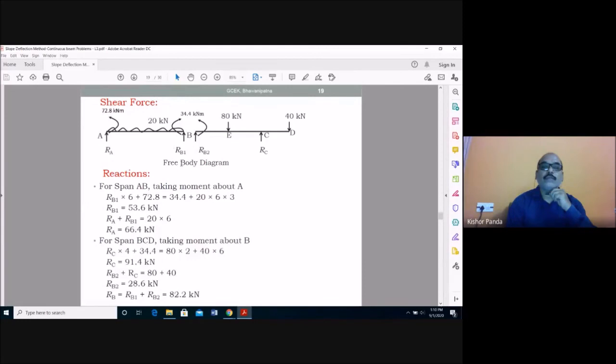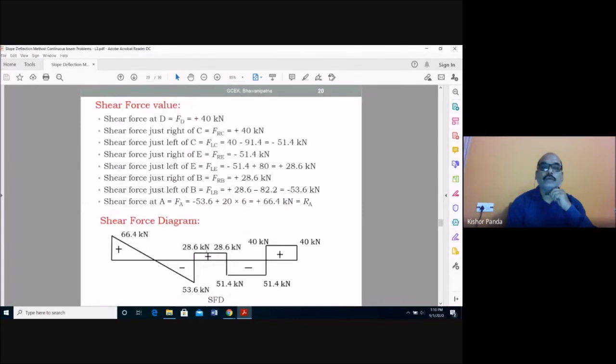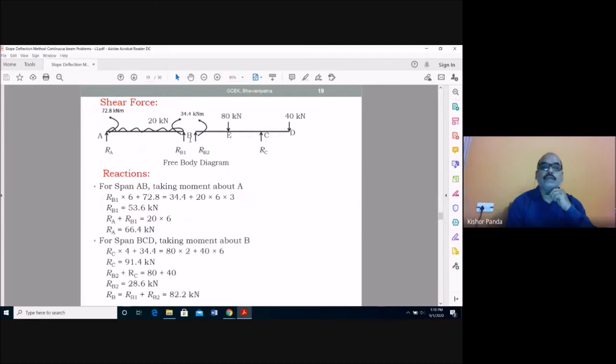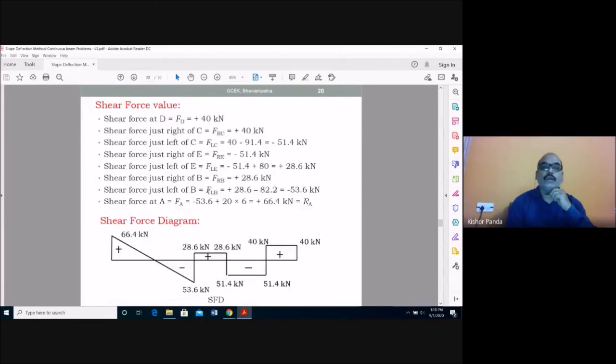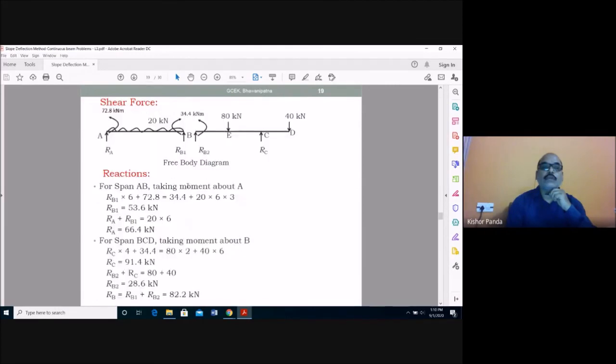When you take left of B, you have to deduct the reaction, upward. Left of B you got minus 53.6. Again the shear force is below the axis, a negative value of 53.6. It suddenly decreases.